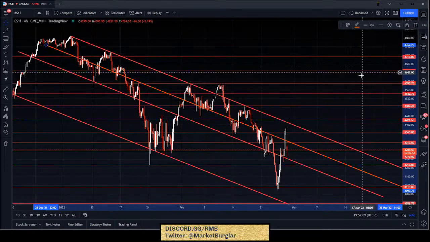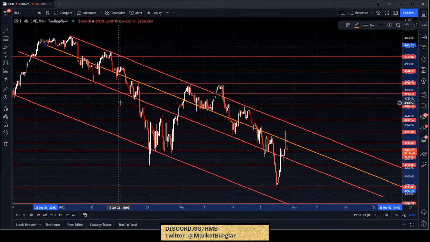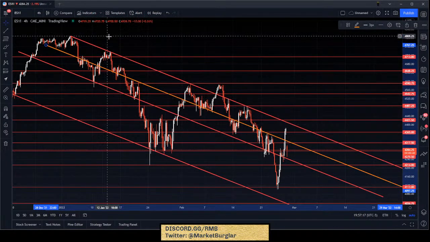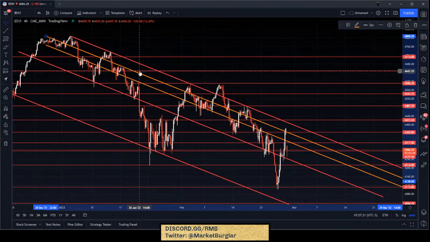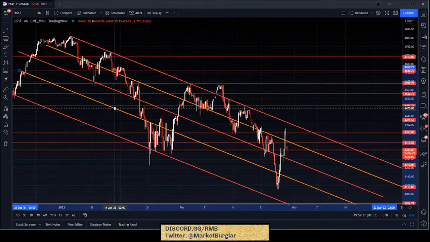I'm going to make this one orange, because it's not as strong as the red trends. I'm going to clone that one more time because I see one more. Also not as significant, but it's there.